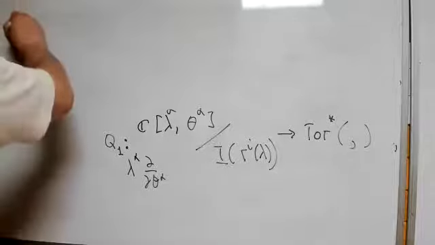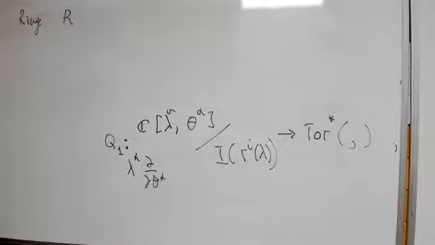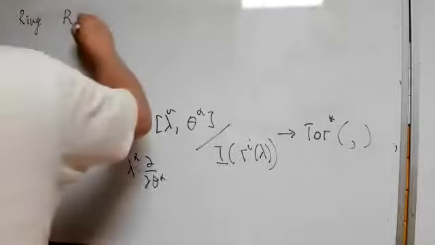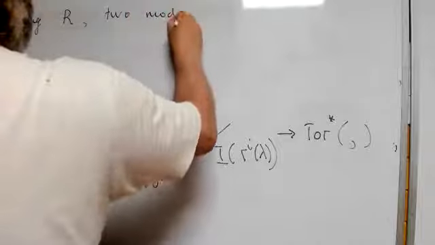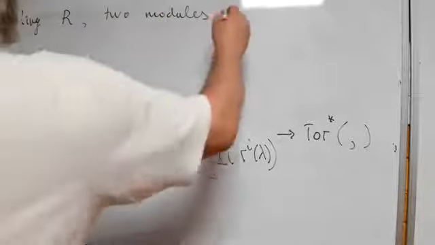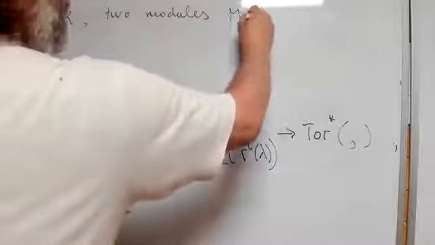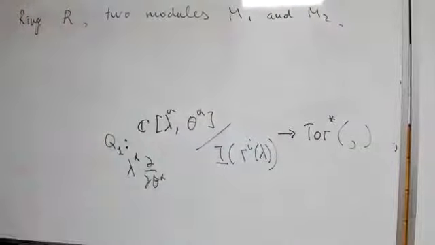Suppose you have a ring, and suppose you have two modules, M1 and M2 over the ring.